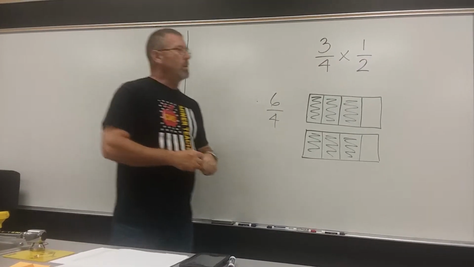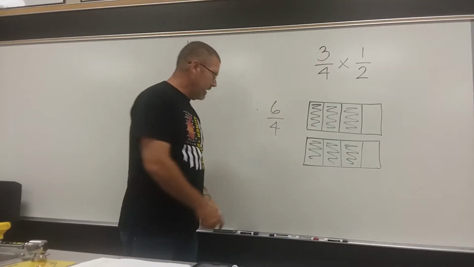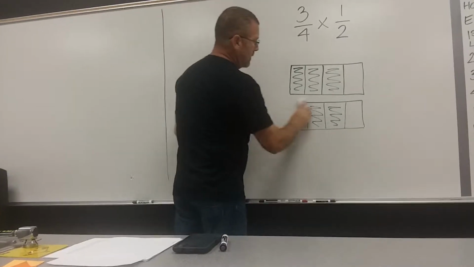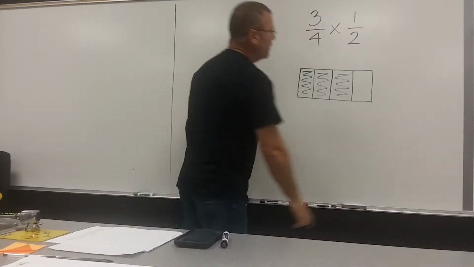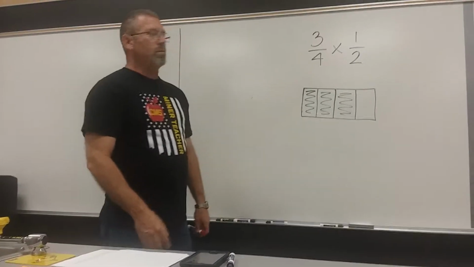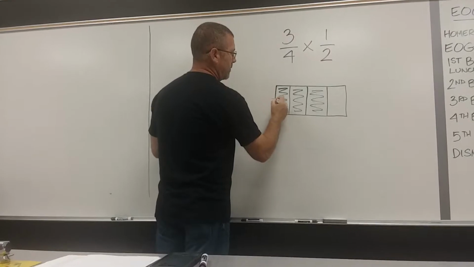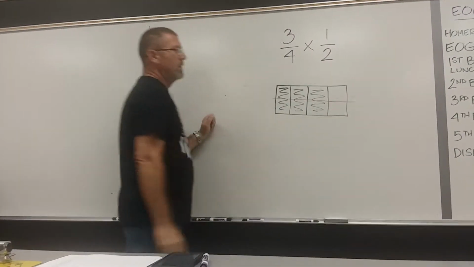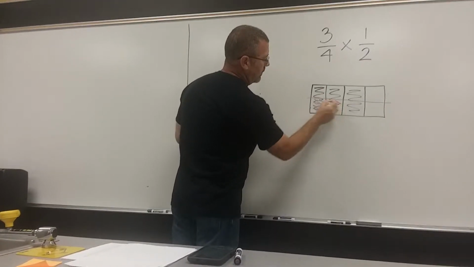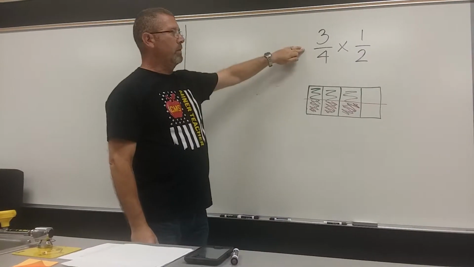So now that we're seeing what the representation would be if we're dealing with whole numbers being multiplied by a fraction, what exactly does it mean if I now want to multiply by 1/2? Well, that's exactly like saying that I want 3/4 half of the time. So if I want to see 3/4 half of the time, I'm going to take my diagram and slice it in half. By slicing it in half, now I have this portion, and this portion representing half of 3/4.